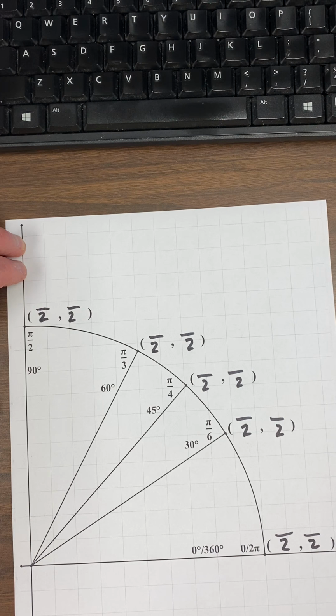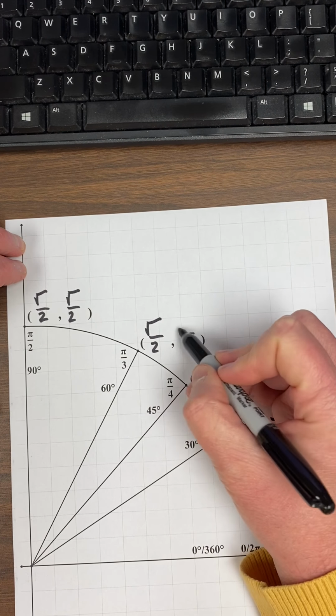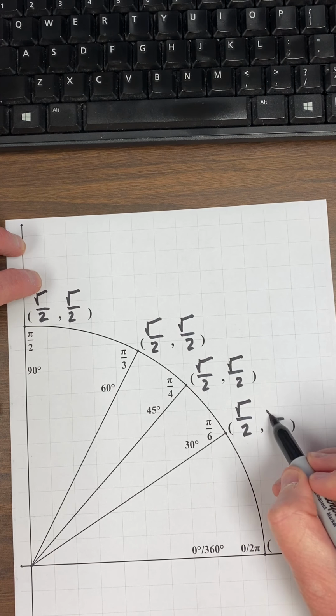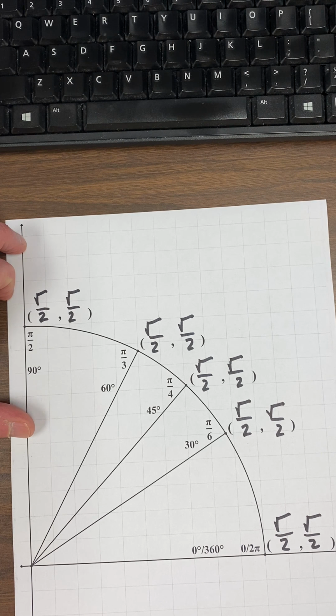And the numerator in every one of them is a square root. I know it didn't look like that, but they are. And then, this is what makes it easy to remember, you fill them in like this.